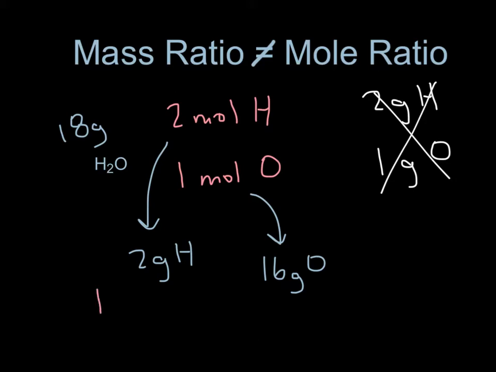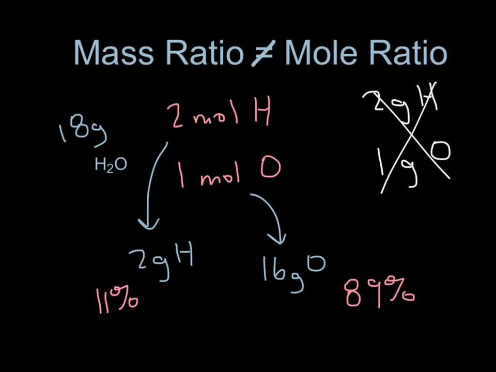That's about 11%, 2 over 18. And 16 of those 18 grams per mole are oxygen. That's about 89% by mass. So clearly, the ratio of mass and the ratio of moles is not the same, but they are related, and we can use that to find a mole ratio from a mass ratio.